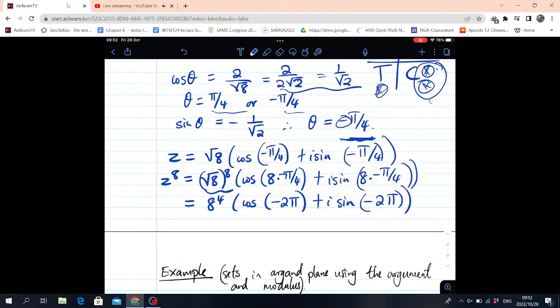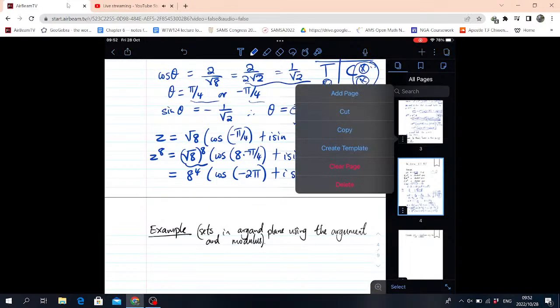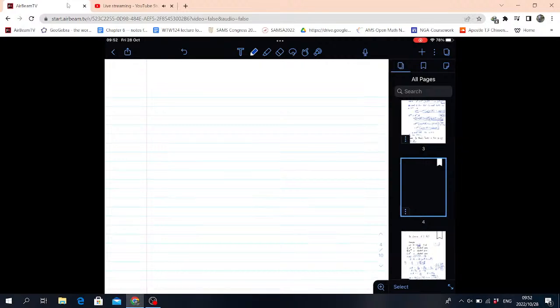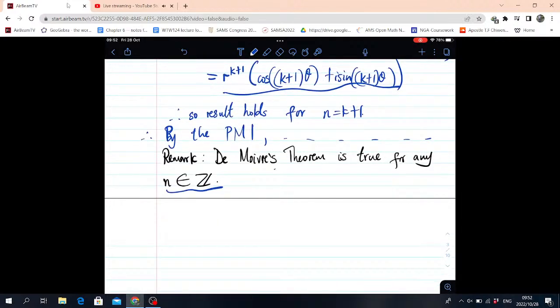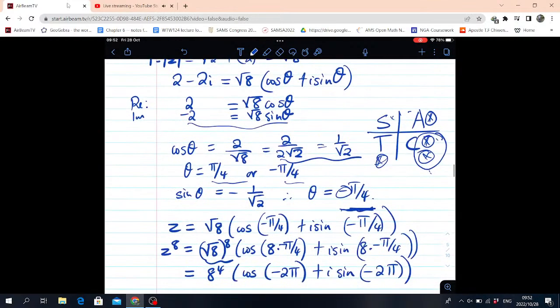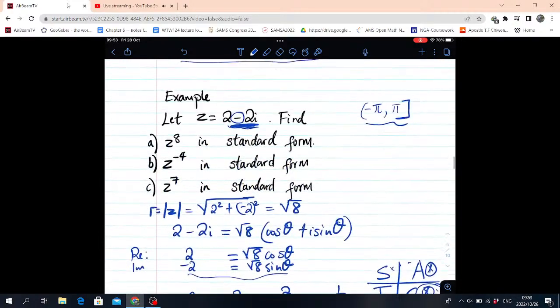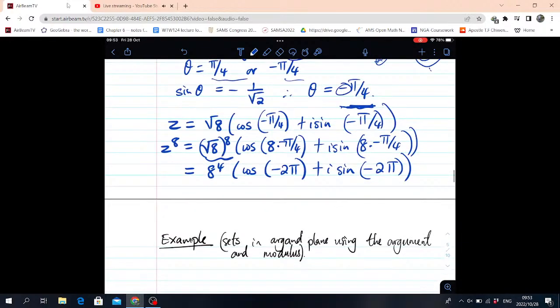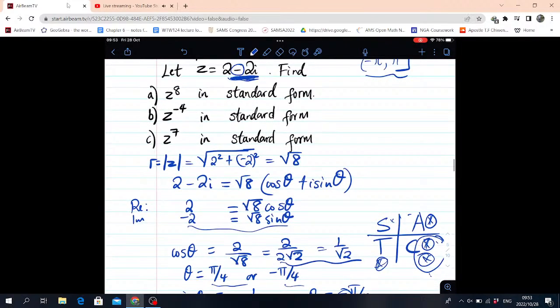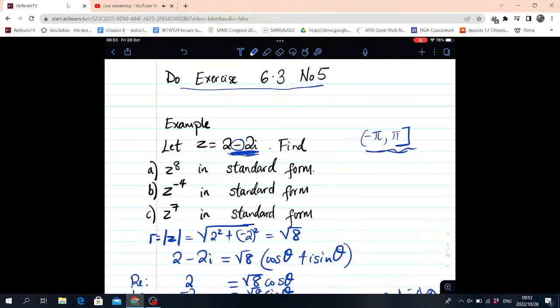And then from here you can then say, let me add a page here. Okay, I'm just going to continue here. So if you look at minus 2 pi, it is not in the interval that we want. We want the principal argument.